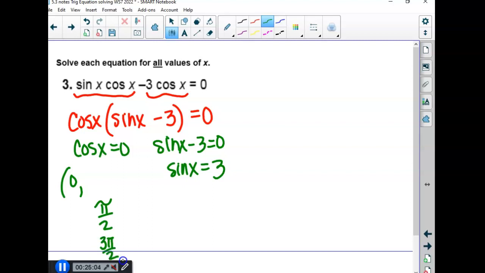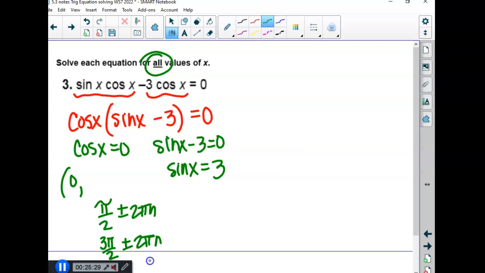Did they give us an interval of answers, or did they say all answers? All answers. So what do we have to throw on the back of those? Plus or minus 2 pi n, because it was a regular cosine, which repeats every 2 pi.